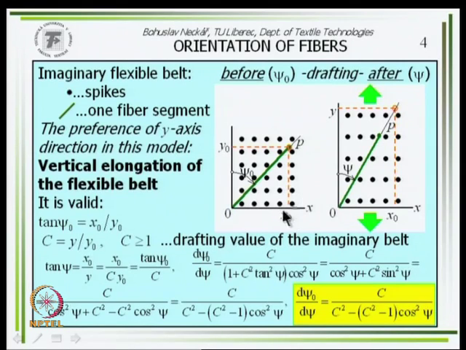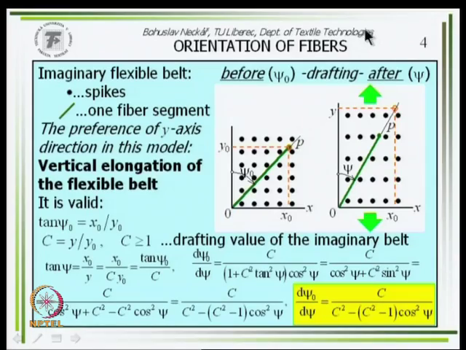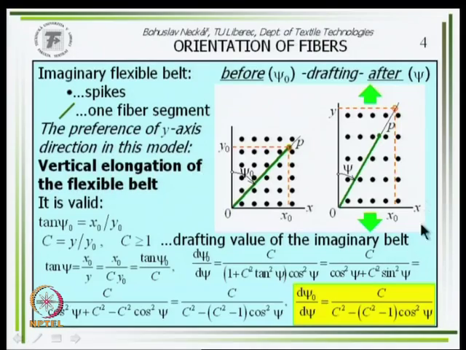And using this moving, the x coordinate, I must say, the fiber segment is slipping among the spikes, but it lies on our straight line P, so that after our elongation, after our moving, the situation is like on our picture here. X coordinates stay the same, y coordinate is higher.